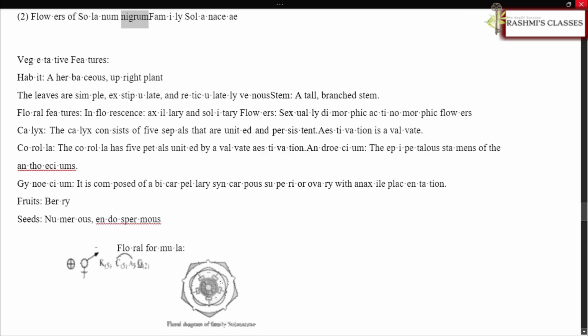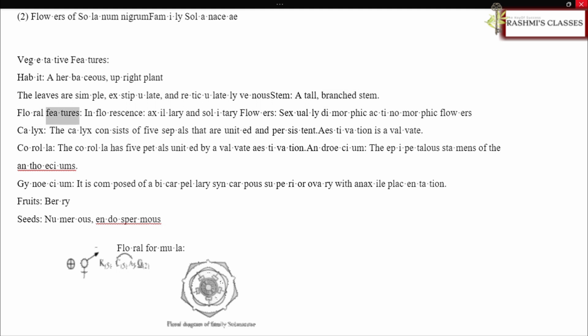Flowers of Solanum nigrum, family Solanaceae. Vegetative features. Habit: a herbaceous, upright plant. The leaves are simple, exstipulate, and reticulately venous. Stem, a tall, branched stem.